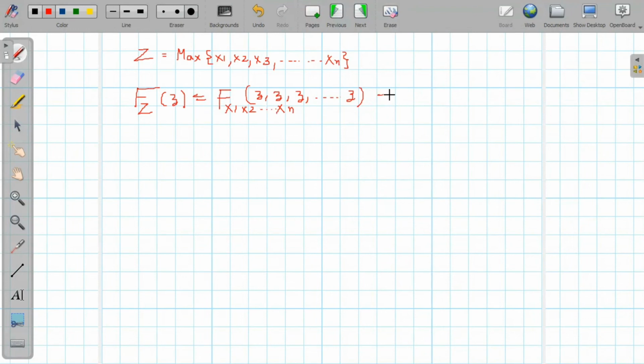So this is the relation for CDF of Z and joint CDF of all the random variables. This is also true for dependent cases where all of x1, x2, x3 or at least some of them are dependent, and if they are independent then we can write it as the product of their marginal CDFs.